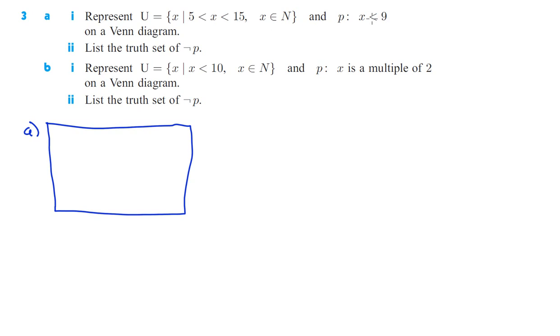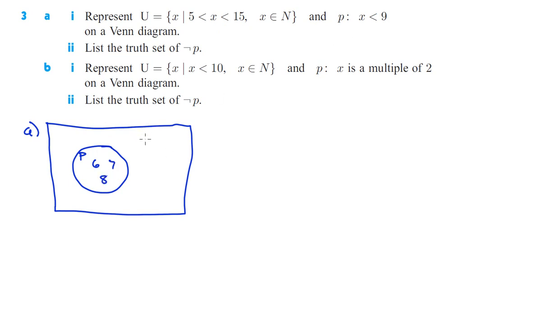And then P is going to be the things that are less than 9. So let's make this circle here P. The numbers that are less than 9 and greater than 5 are going to have to be 6, 7, and 8.